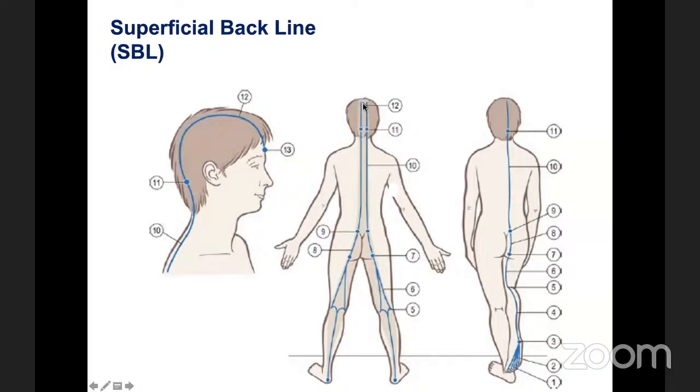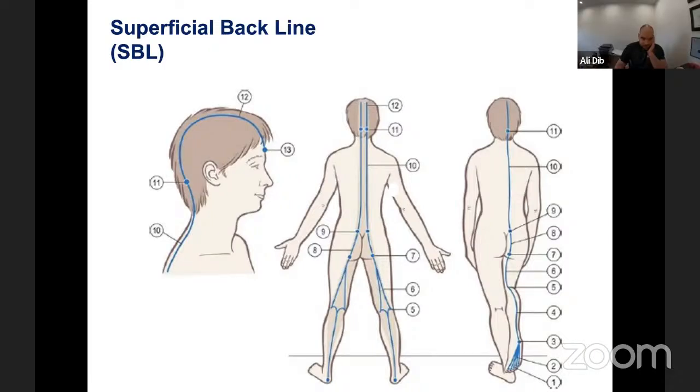So in the previous slide, we kind of saw that simple dissection of the superficial back line, and those are the tensile components of the tensegrity of the human body. But remember, the other part of tensegrity is the compressive components, right? Otherwise known as the bones of the human body.